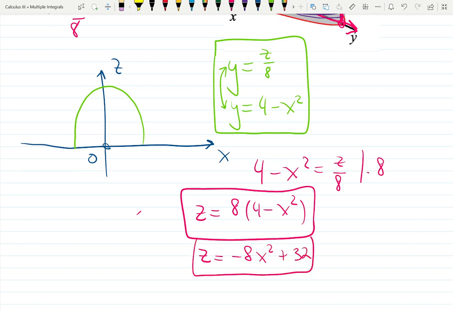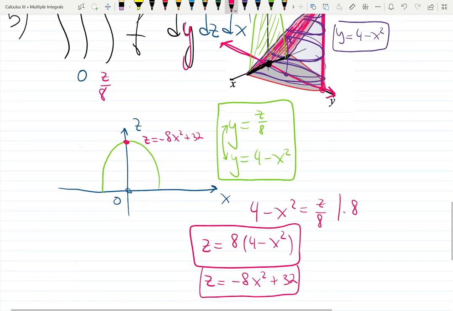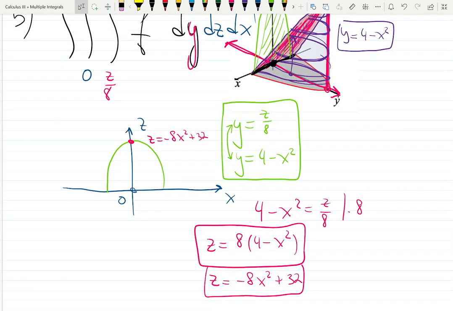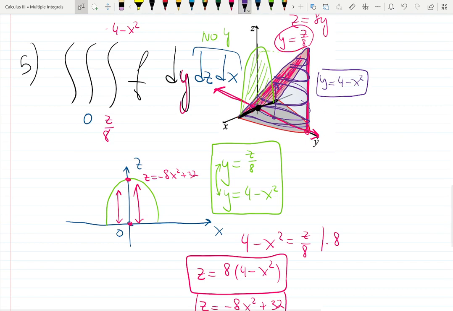This is a concave down parabola with a vertex over here, and the equation minus 8x squared plus 32. Or you can do factored form with 8, which looks better. So z is going from 0 to this shape. So I will write down from 0 to, which way do you like more? Let's do minus 8x squared plus 32.